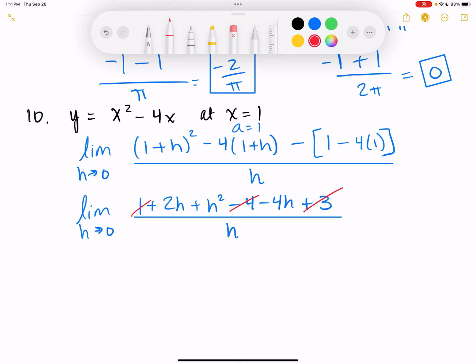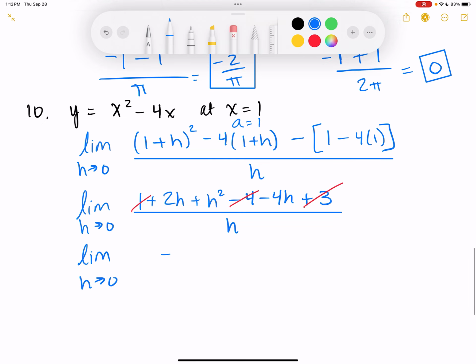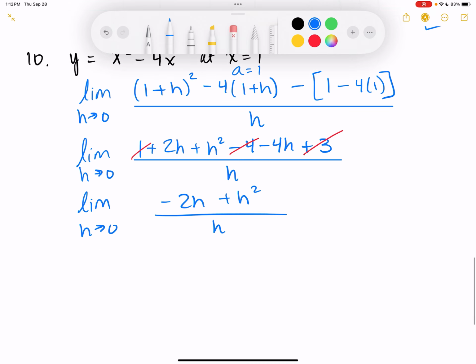So now I'm going to combine like terms. Limit as h approaches 0. So this is going to be 2h minus 4h is negative 2h plus h squared all over h. And this is going to seem like a lot of steps the way I'm doing it right now, but you will not have to write all of these steps out if you can do them and condense it down for yourself.